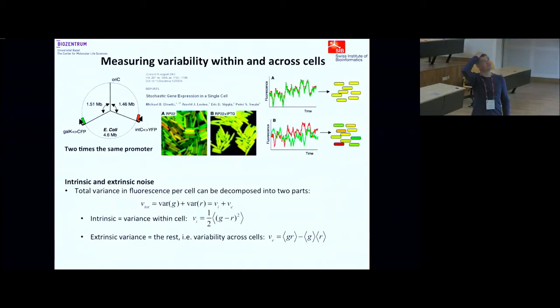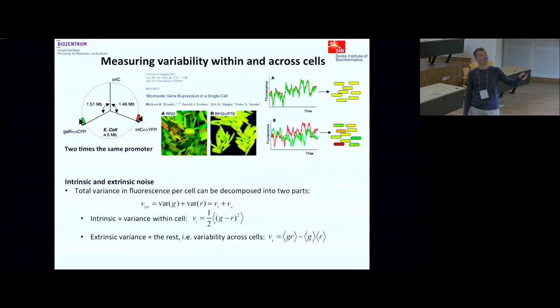One of the first seminal papers in this area is a 2002 paper by Michael Elowitz and Peter Swain. What they did is, this circle here is the chromosome of E. coli. This is the origin of replication. And they went a roughly equal distance to both sides, and they stuck a red fluorescent protein here in the genome and a green fluorescent protein there in the genome.